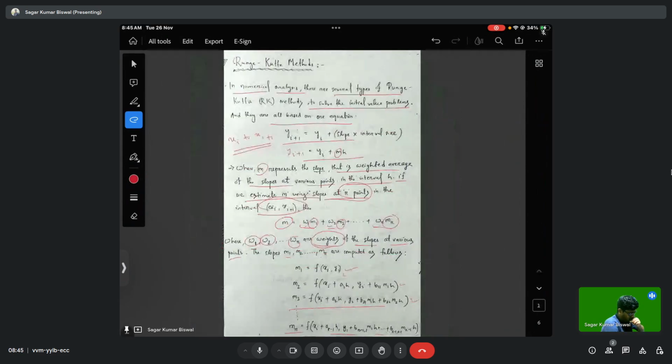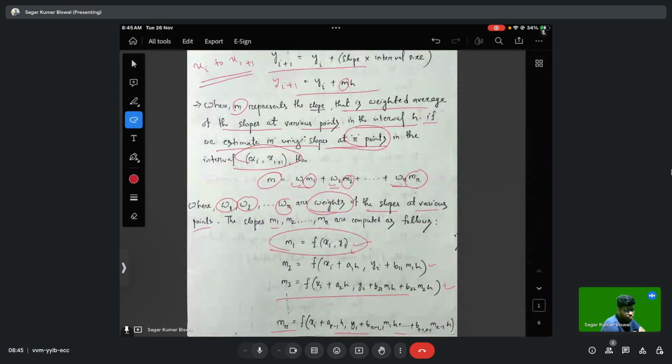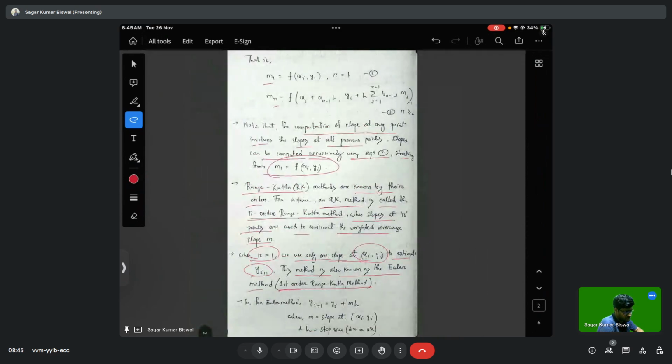So what is this M1? M1 is the slope from the Euler method, right? Here this M2, M3 and M4, that is how you solve these slopes. If you are using M1 and M2, then it will be known as the second order Runge-Kutta method. If you are using M1, M2, M3 and M4, it will be known as the fourth order Runge-Kutta method, and you are using slopes at 4 different points, right?